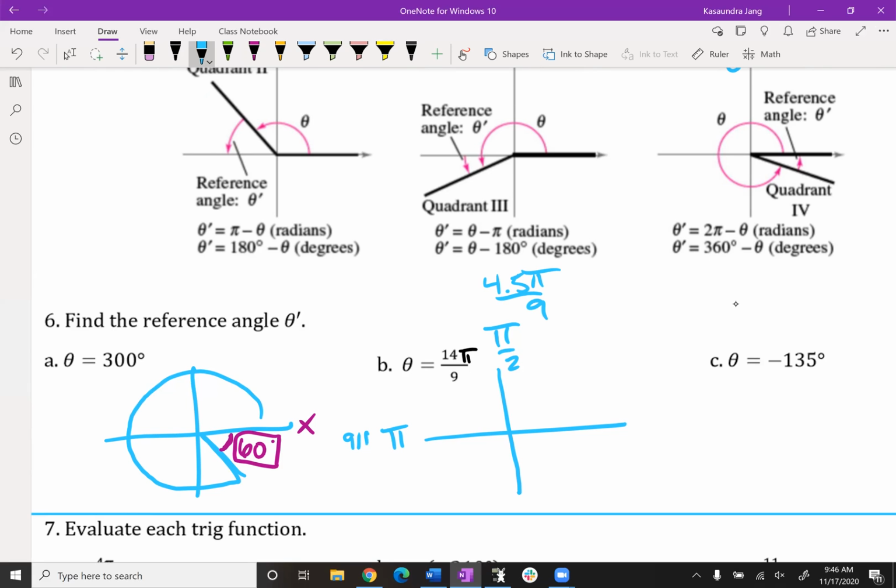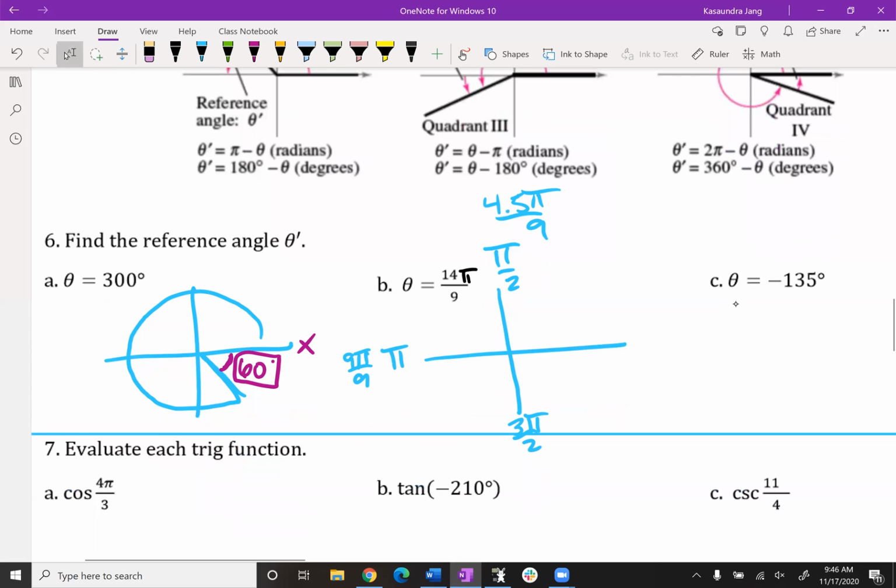It's like a 1 pi, right? All right, usually this is 3 pi halves. So this would be 3 pi halves if I'm looking in terms of ninths, right? That would be, let's see, 13.5 pi ninths. Oh, so you got close.